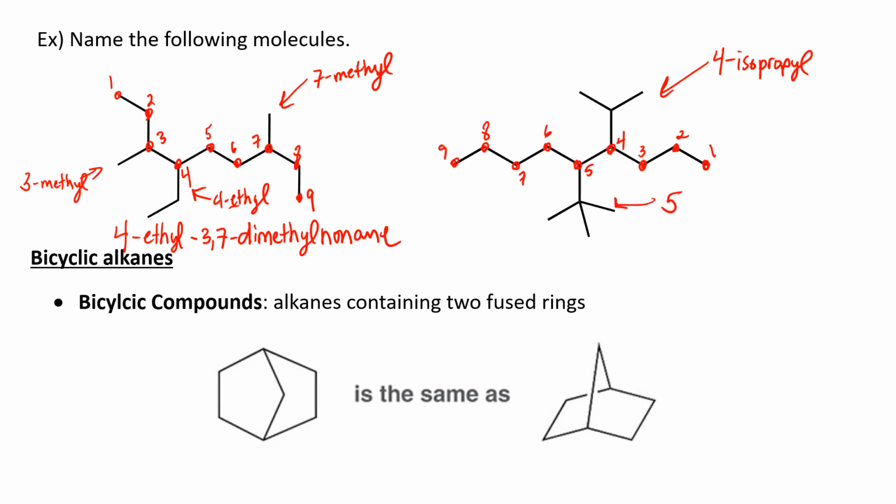This is a 5-tert-butyl. So B comes before I. It's going to be a 5-tert-butyl, 4-isopropyl, nonene.